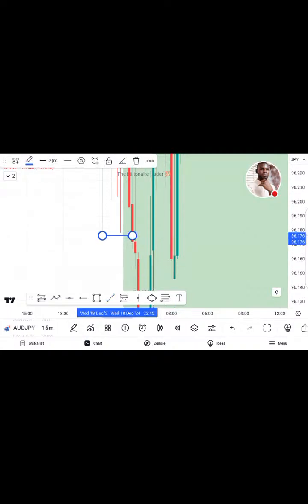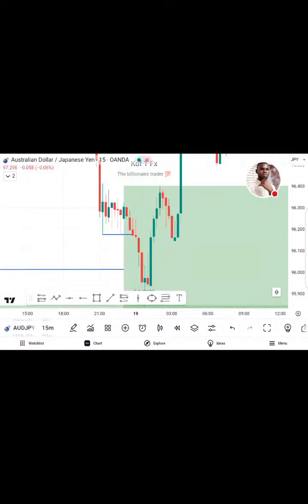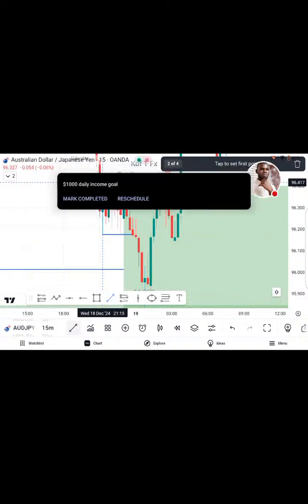So we have that last low. Okay, after that last low, and this is the high of that last low.